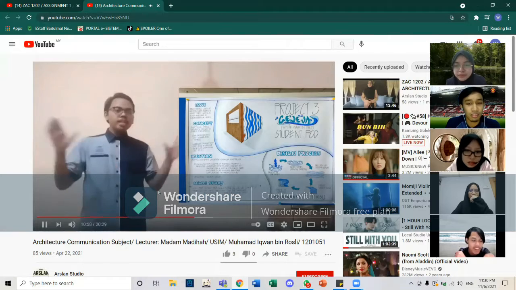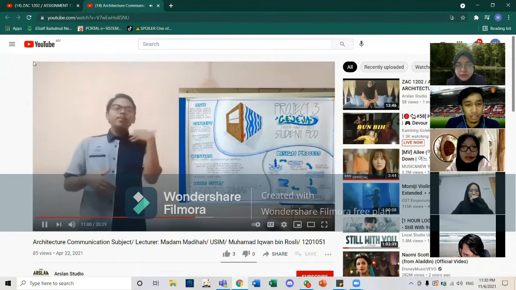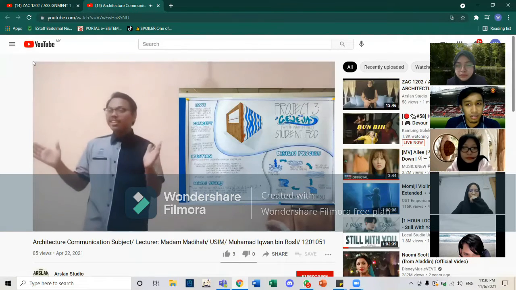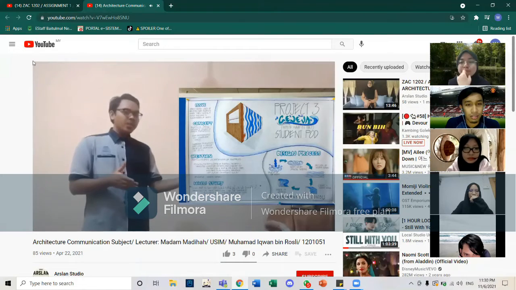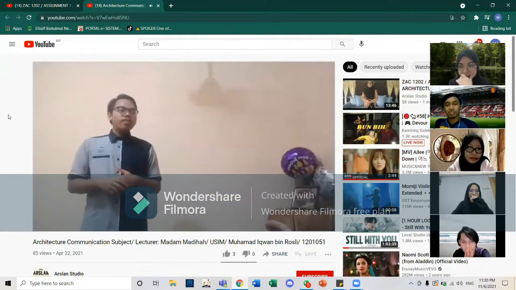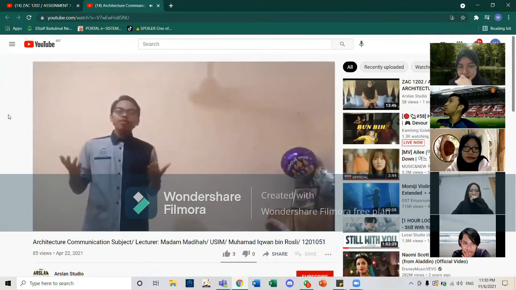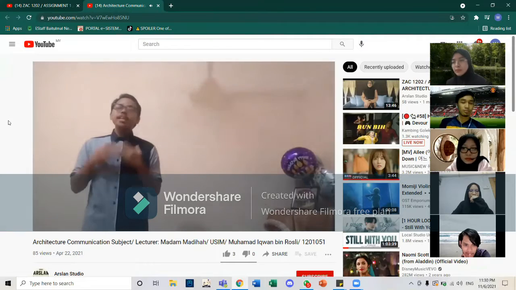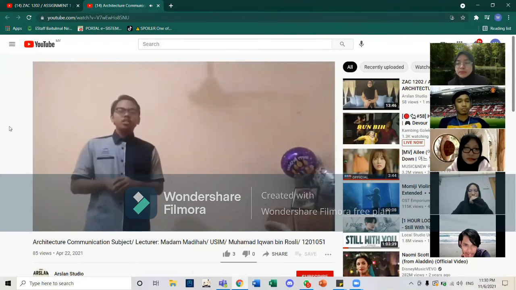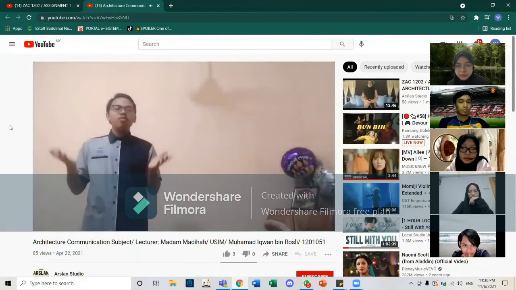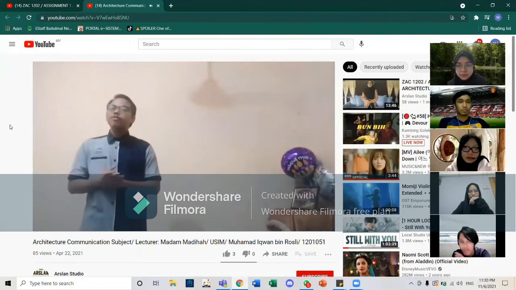From this pattern, I will interpret it into my design to be a solution for my issues. So great, huh? From the measure, we can design and build something with the good feedback that we got. It really gives us a good advantage. So that's why I came up with the biophilia concept and fractal pattern.